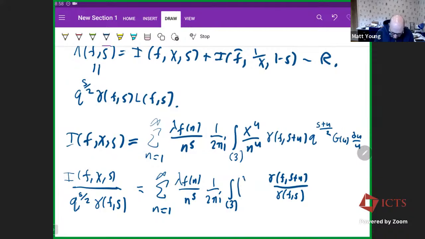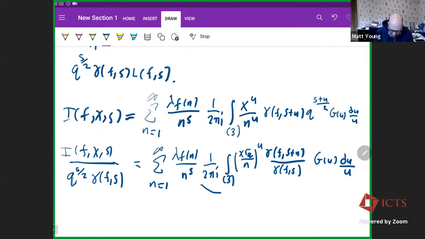So I can write it as x times square root of q over n to the power u, g of u du over u. And then now this integral that we have is precisely v sub s of n over x times square root of q.